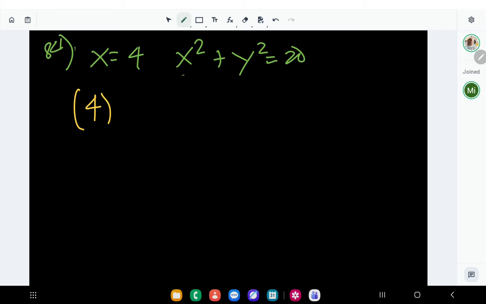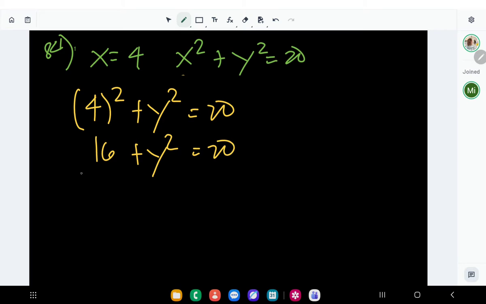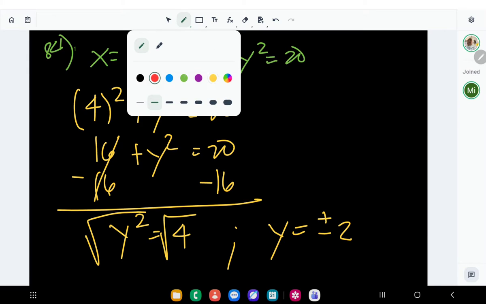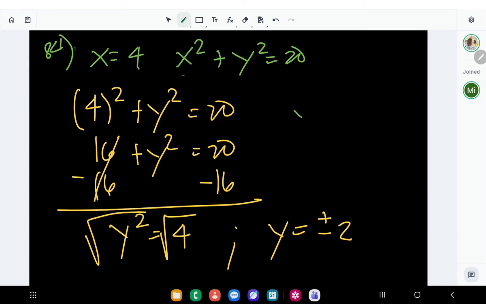4 squared. Okay. Yeah. So your y is negative 2, 2.